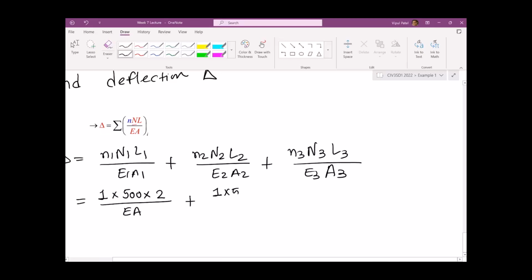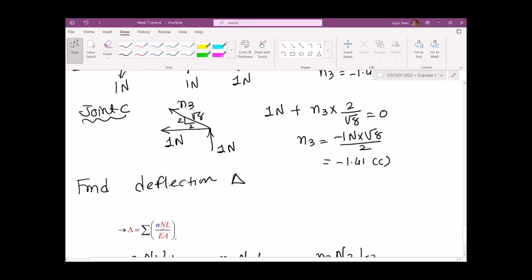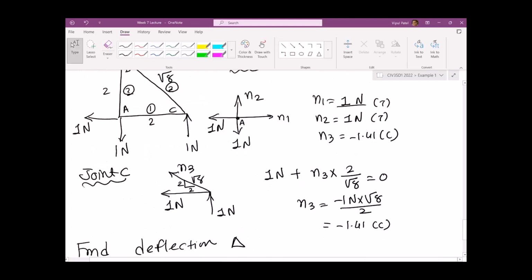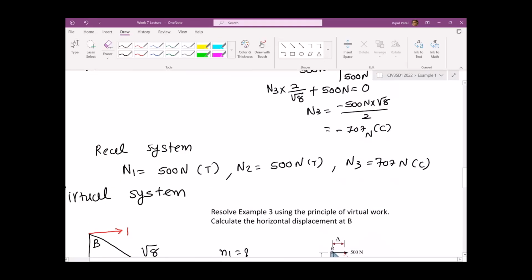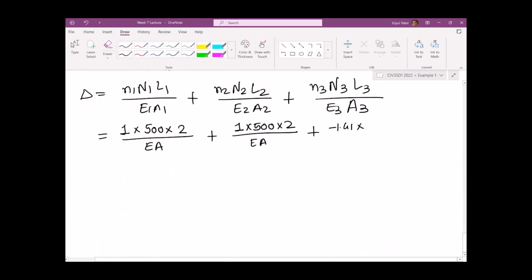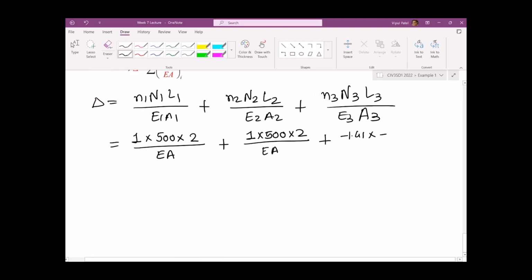N2, same thing, Young's modulus constant. For n3 we have minus 1.41 times N3, which we calculated as minus 707, times L3, I think square root 8, over EA.